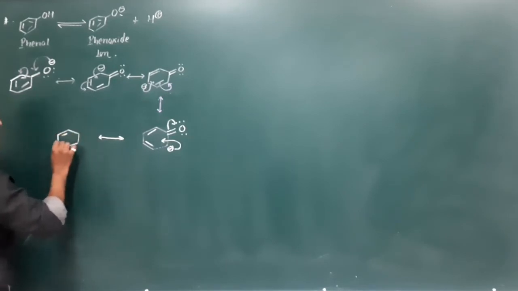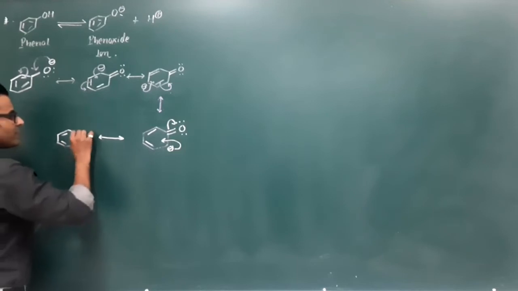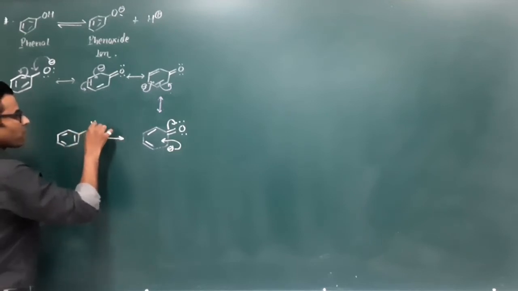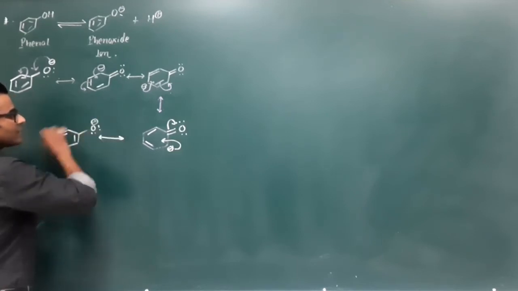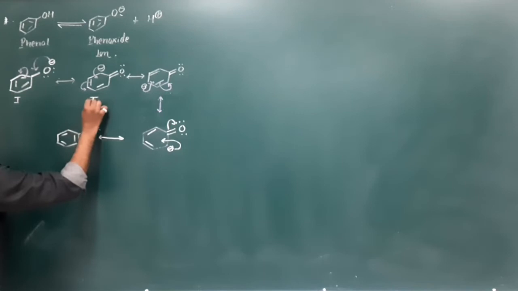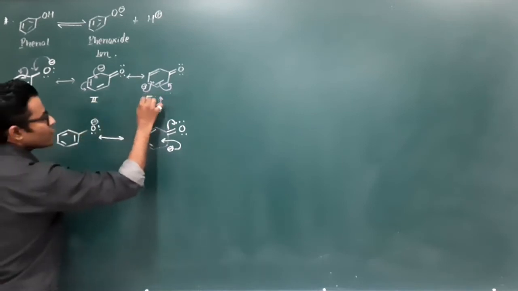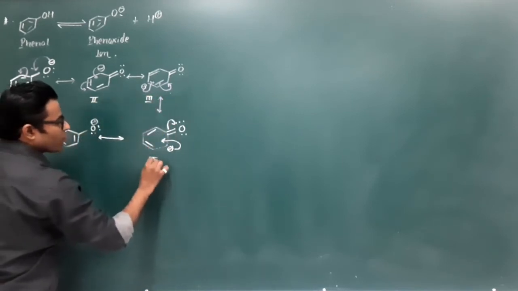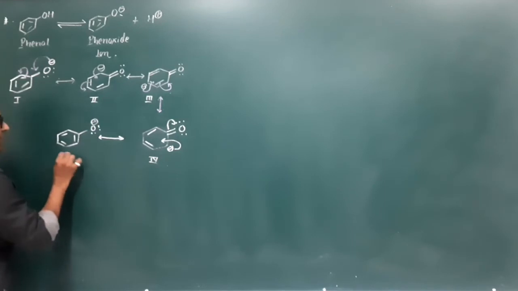So what we have is oxygen now with a negative charge. Right? So the number of resonating structures that we have is 1, 2, 3, 4 and 5.